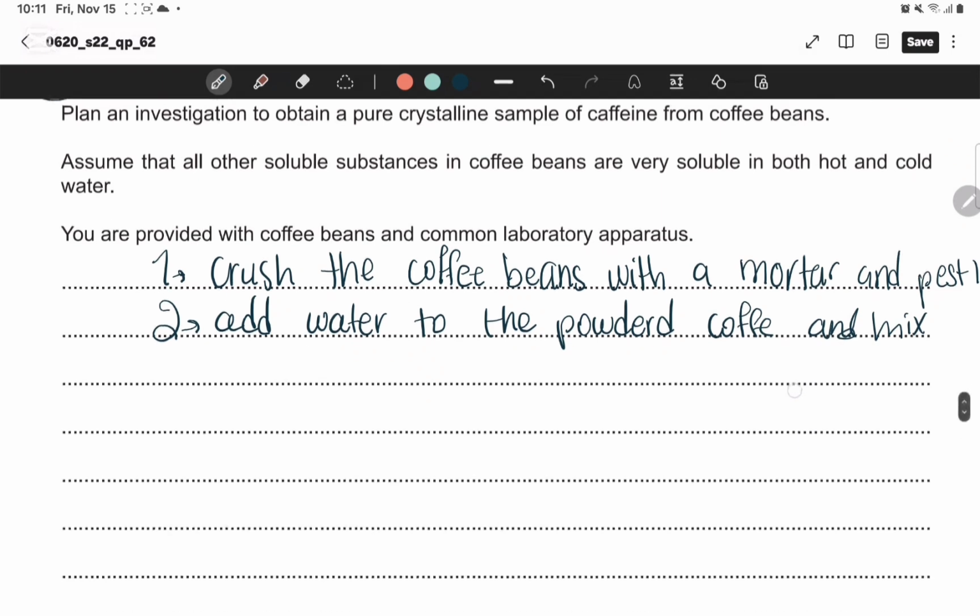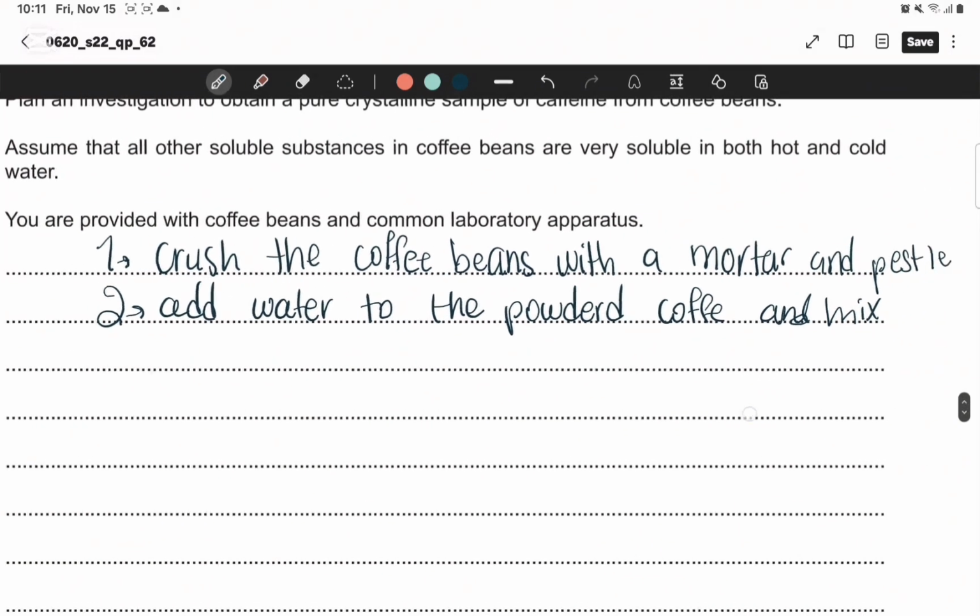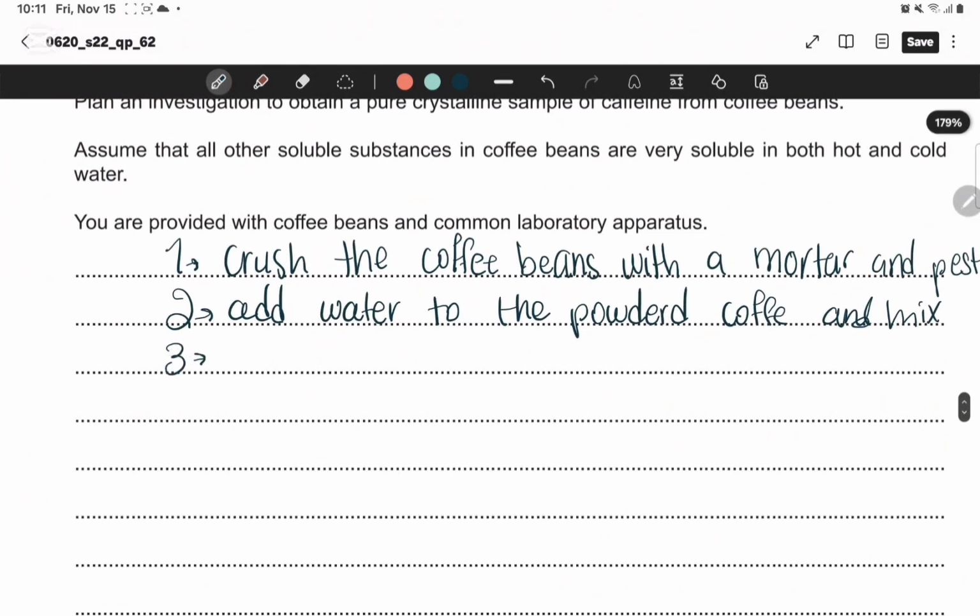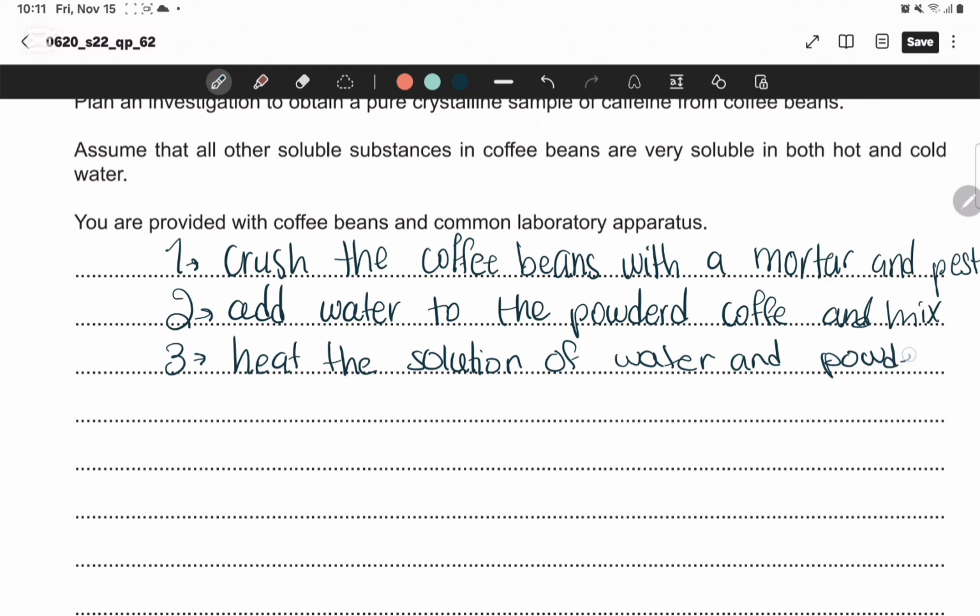Okay, so now the third thing we're gonna do is heat the solution of water and powdered coffee for the caffeine to dissolve.